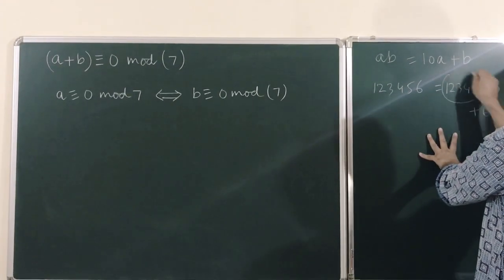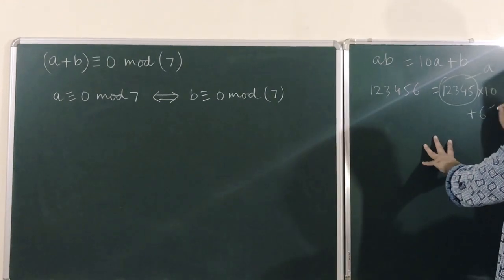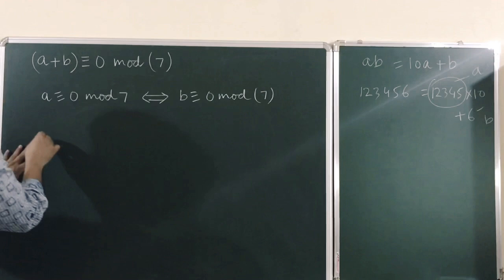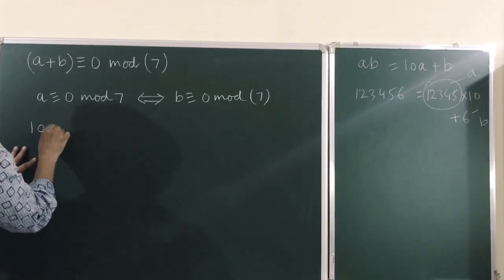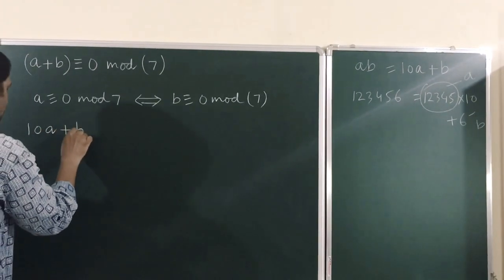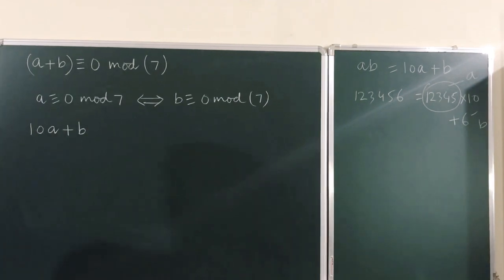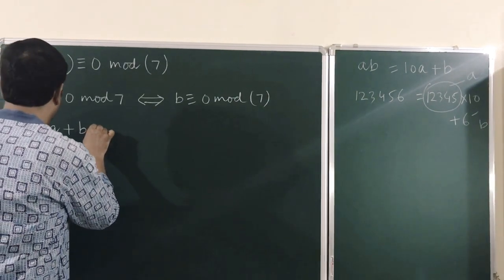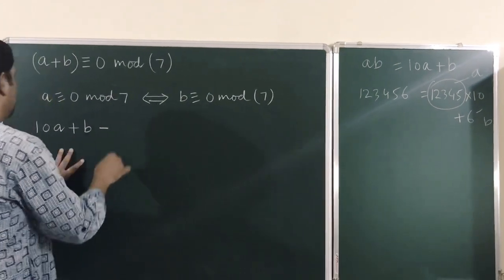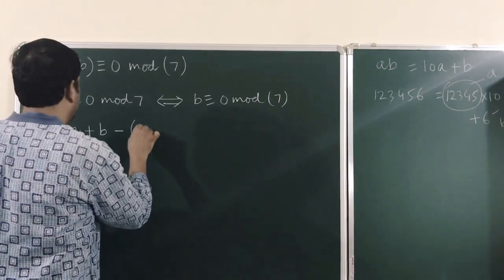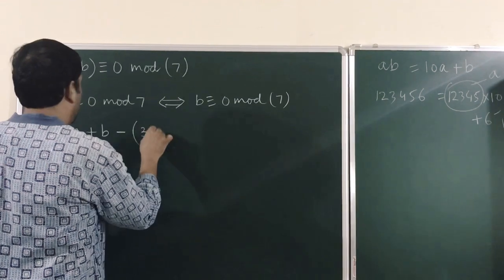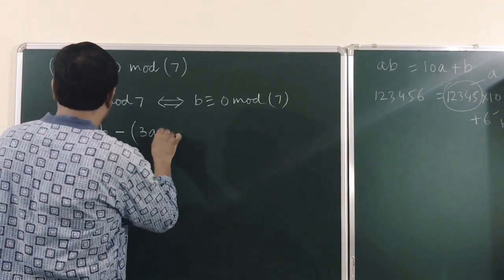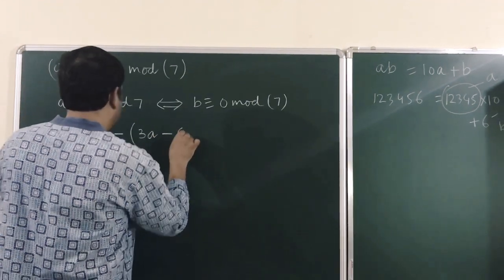So this has become our A and this is B. So I write 10A plus B, and in that I'll subtract 3A minus 6B.